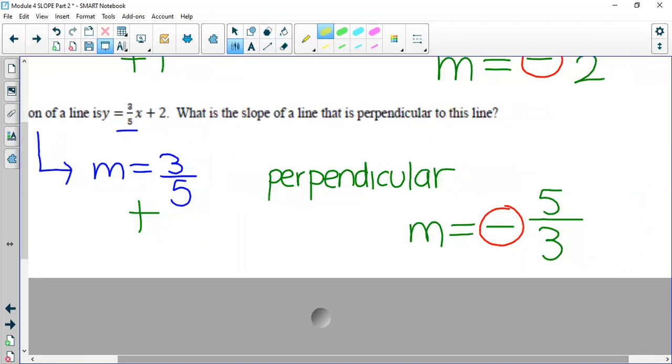You can always punch that into your calculator if you need to graph this line to give you a decimal amount. And we start off with a positive, we end off with a negative slope. That would be your negative reciprocal. If our slope started as a negative number, my perpendicular slope would be a positive number. It's always the opposite sign.